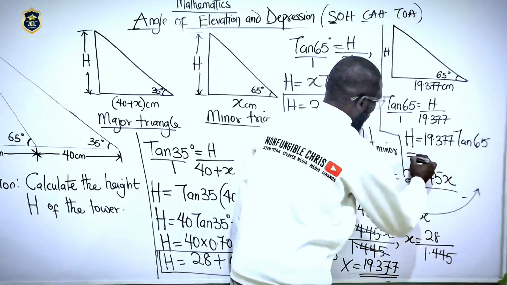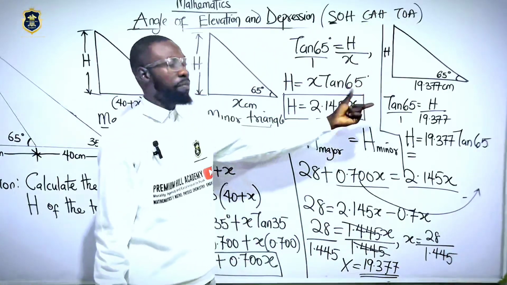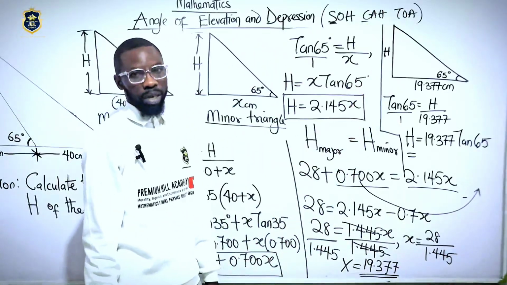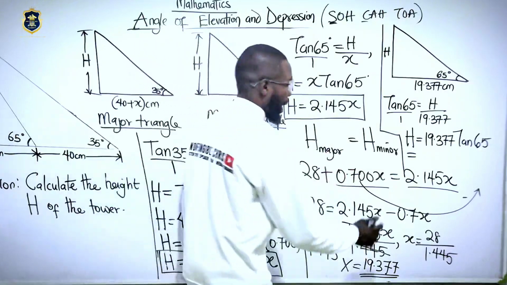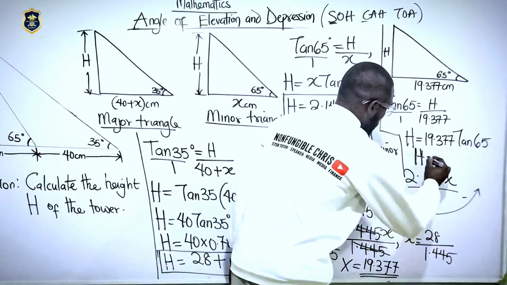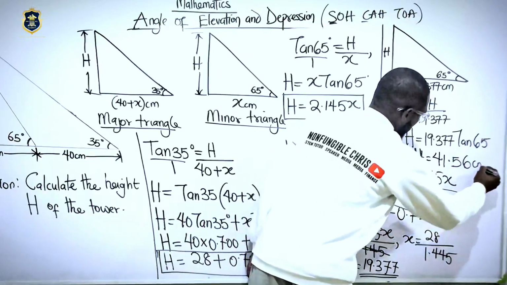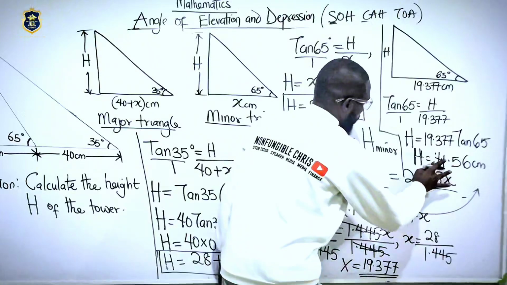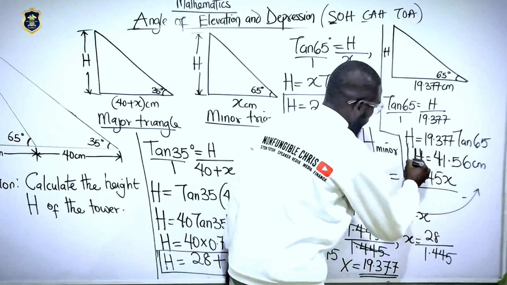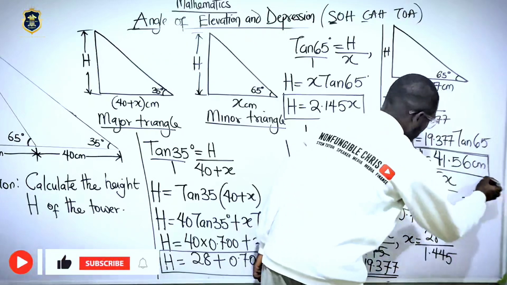Do that, 19.377 times tan 65, we're going to get the height. When we did that, our height gave us 41.56 centimeter. That's our height. This is the value for our height.